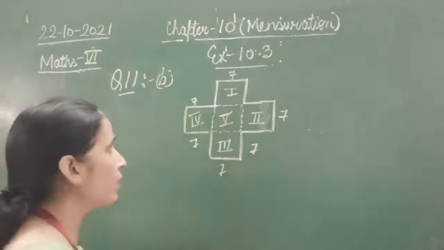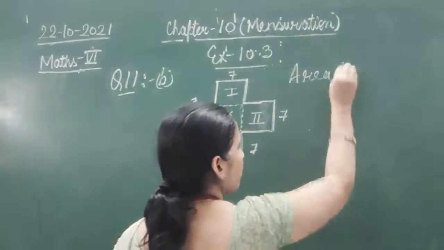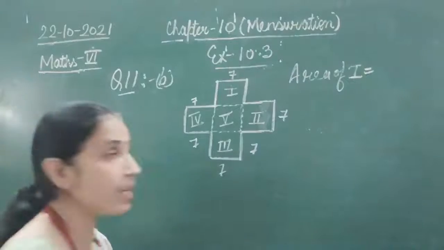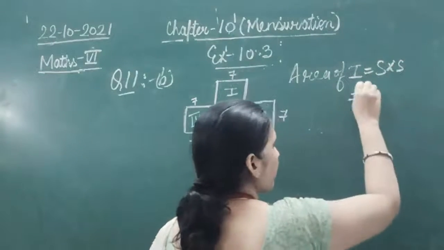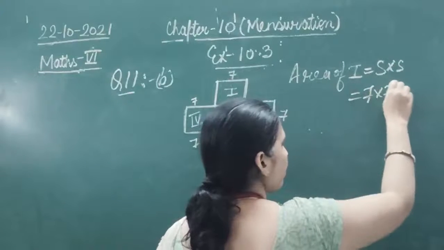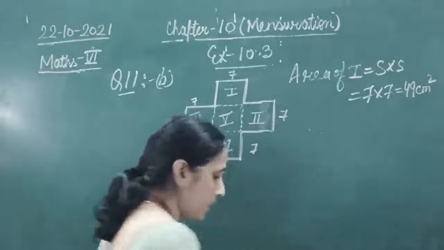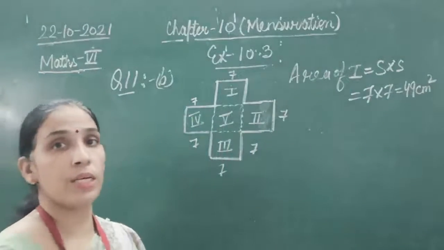You can find the area of the first figure, that is a square, that is side to side. So S into S, that is 7 into 7, that will be 49 centimeters square.